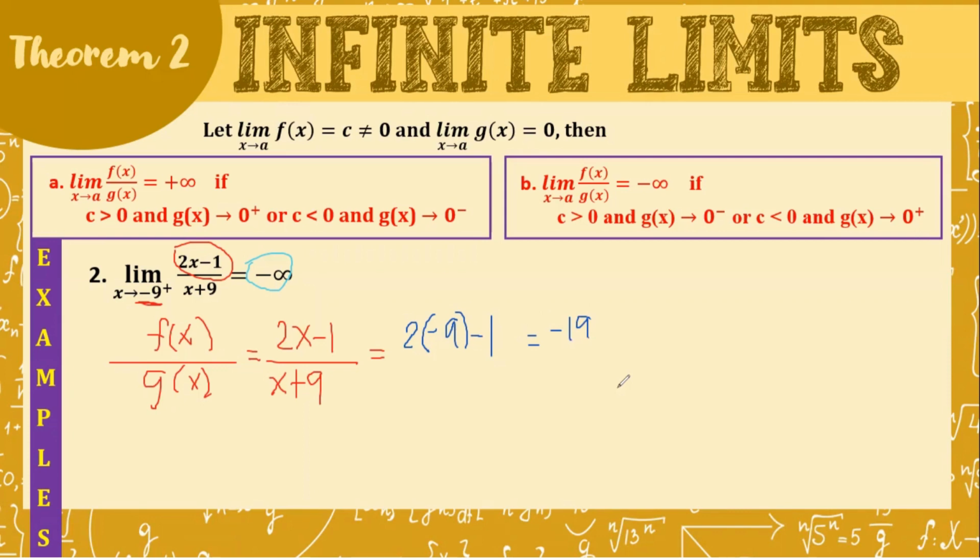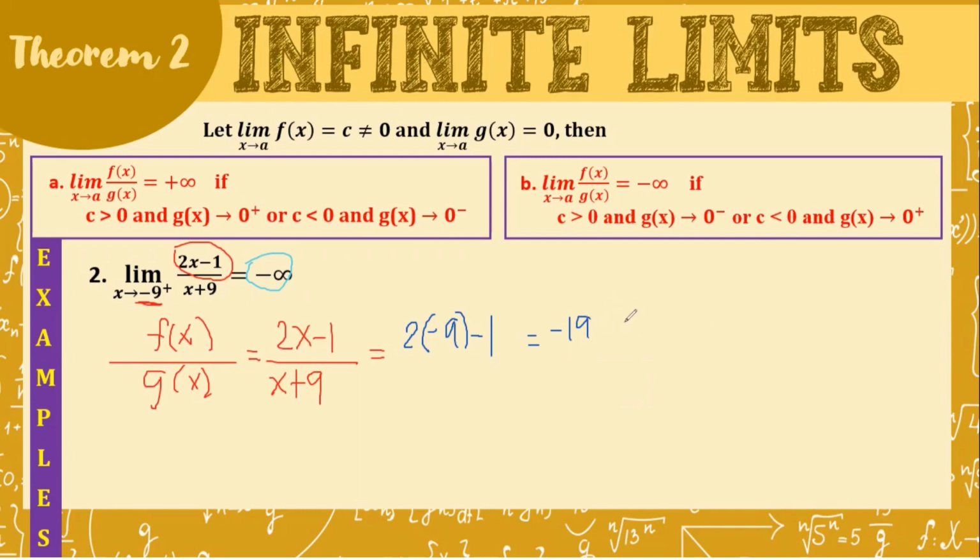If you're having a hard time subtracting, adding, multiplying, or dividing, you can use your calculator. There's nothing to worry about in using a calculator, because we are not so gifted that we can immediately compute, but we can learn. Anyway, negative 19.